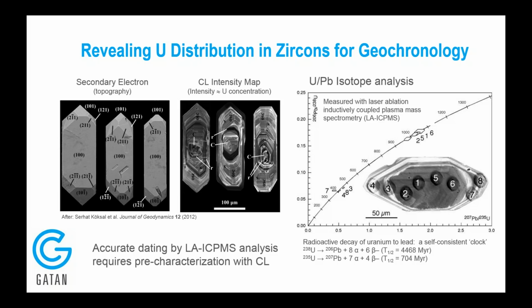You need to be able to ensure that you're within entirely one of these bright or dim regions. Otherwise, you're going to get information which is incorrect, an average of the two, which doesn't really correspond to either. So accurate dating of these geological minerals requires pre-characterization using CL mapping in this way.